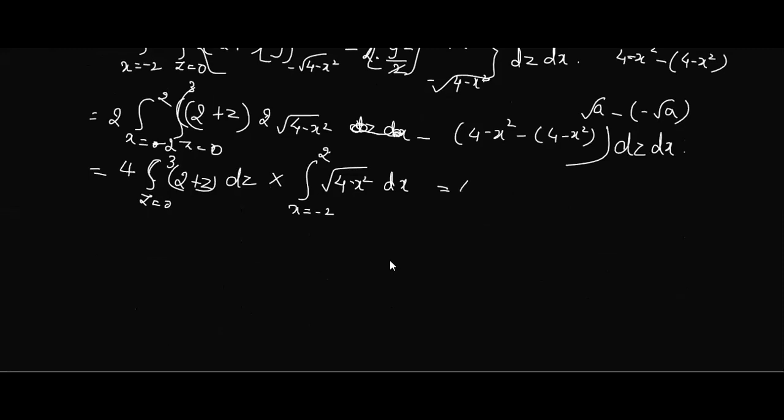So simultaneously we can do the integration. What is the integration of 2 with respect to z? 2z. And the integral of z is z square by 2. Limits are 0 to 3.